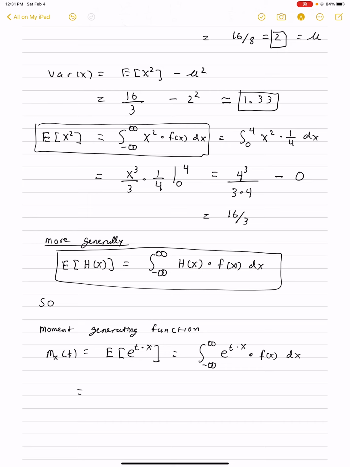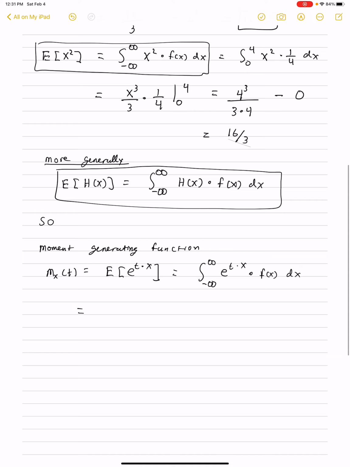Now we don't have to integrate from minus infinity to infinity. We just need to integrate from 0 to 4 e to the t times x times 1/4 dx. We can anti-differentiate this. Remember, t is treated as a constant. So we'll get e to the t times x over t times 1/4, evaluated at 0 and 4. And then we plug in x equals 0 and x equals 4.